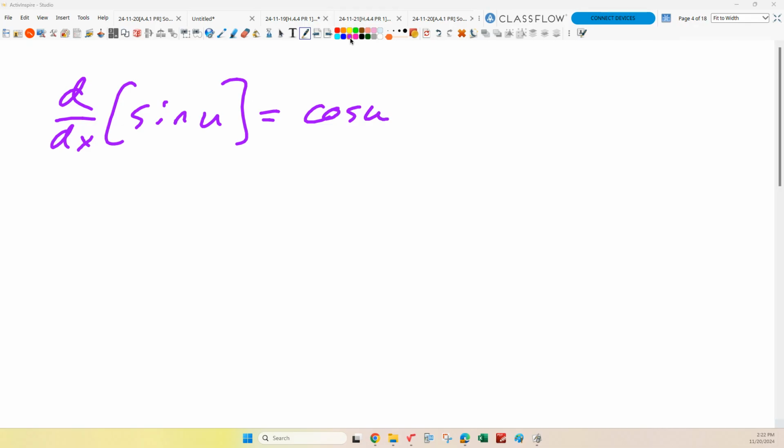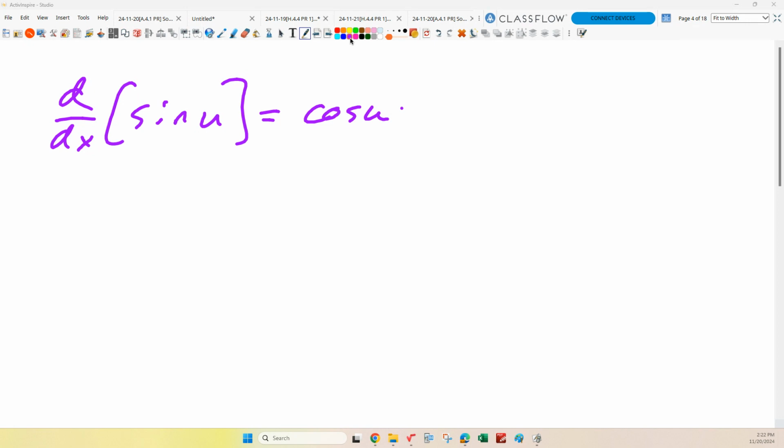What's the derivative with respect to x of sine u? What was that equal to? There's 2 layers. Cosine u times u prime, or du dx, right?